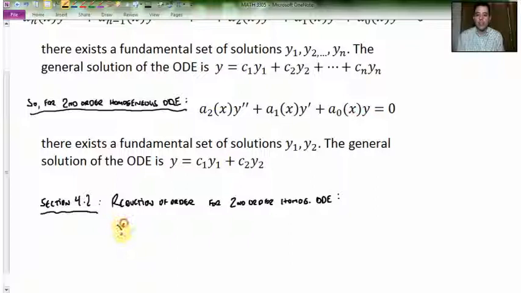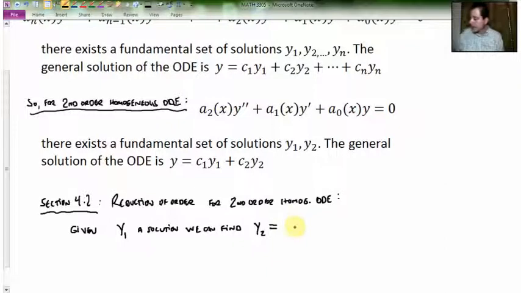It says that given y1, a solution, we can find another linearly independent solution from the first one, which is y2. And there was a formula for that, let me write it here again: y1 times the integral of e to the minus integral of p(x) dx over y1 squared.